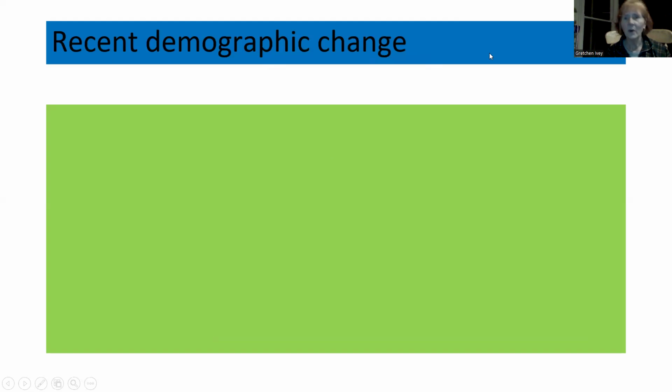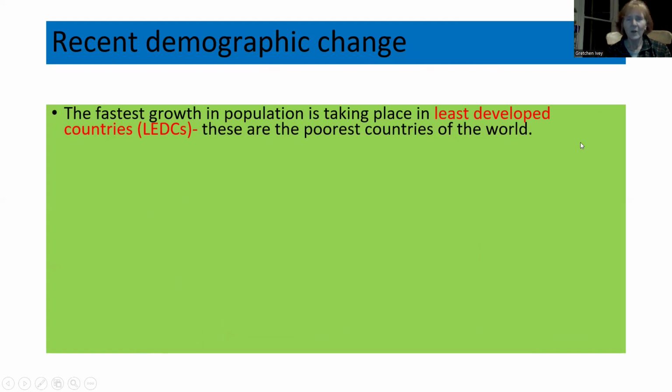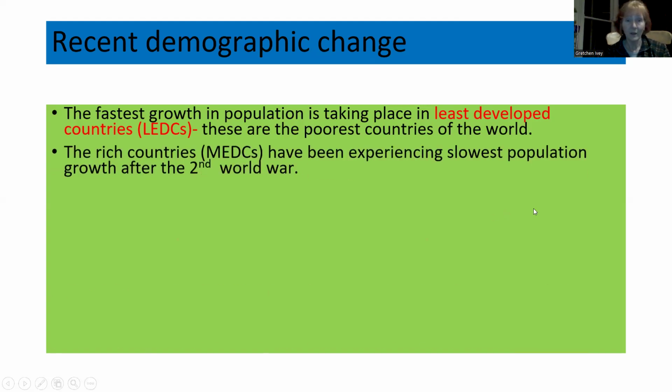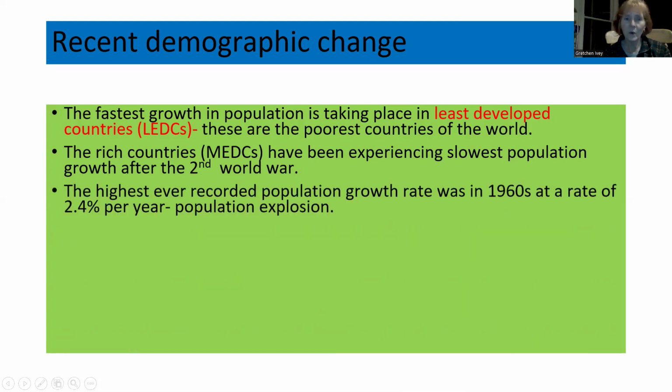So recent demographic change. Again, the fastest growth in population is taking place in least developed countries, sometimes called the LDCs. These are the poorest countries in the world. The rich countries, MEDCs, have been experiencing the slowest population growth after the Second World War. The highest ever recorded population growth rate was in the 1960s at a rate of 2.4% per year, and that is a population explosion.